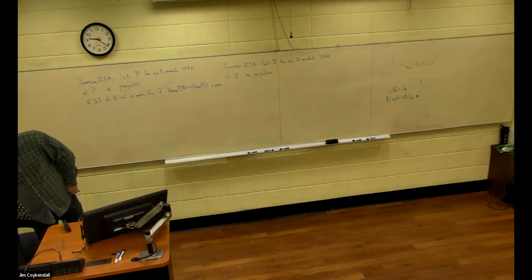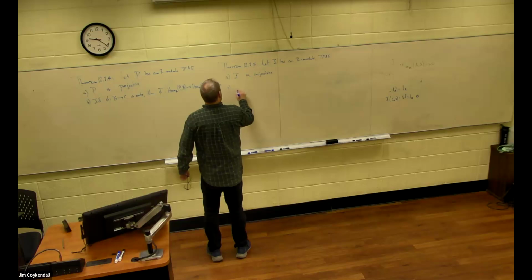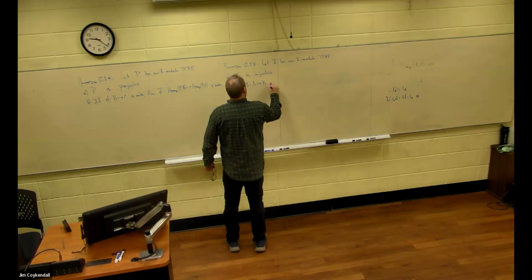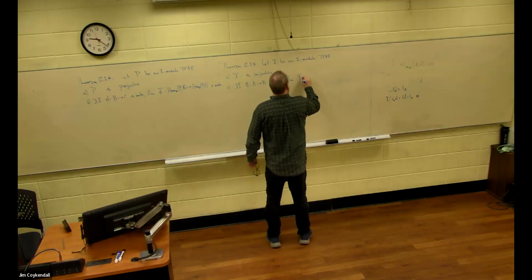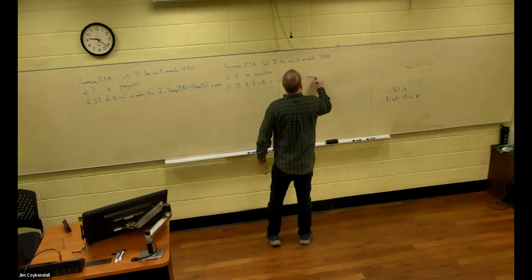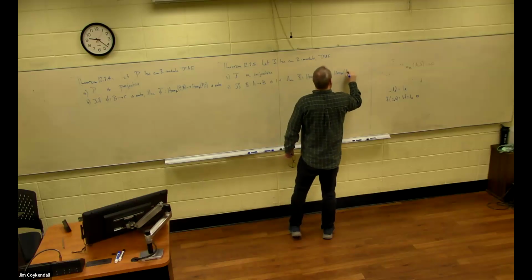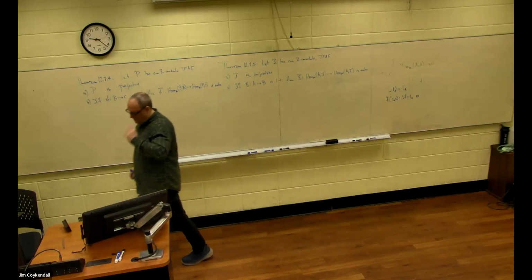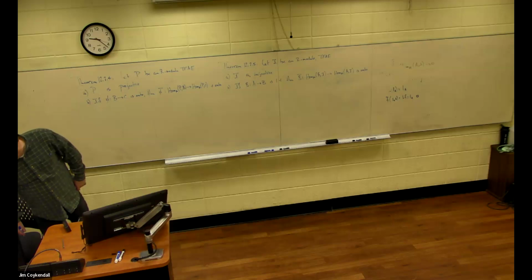The dual one is: if A to B is 1 to 1, then the induced map from Hom_R(B,I) to Hom_R(A,I) is onto. Good.